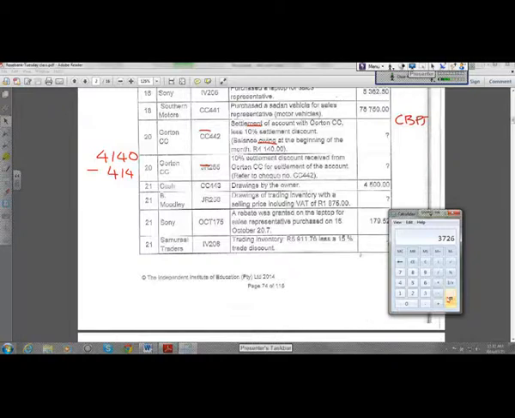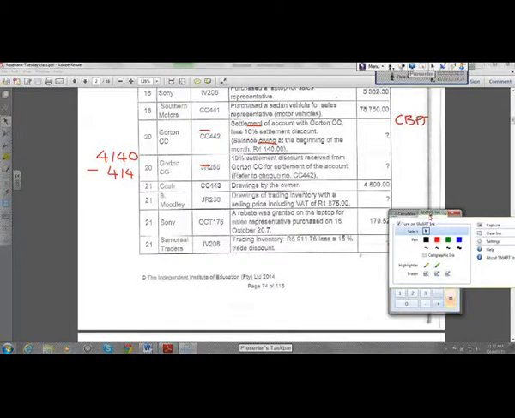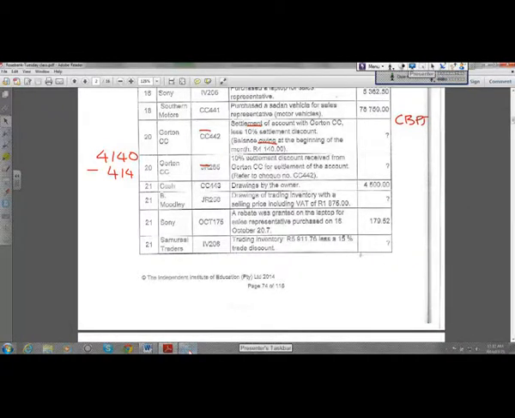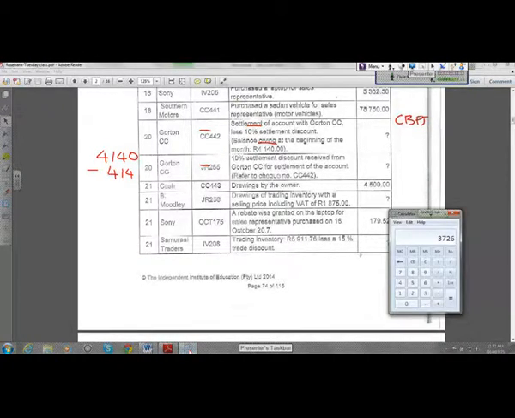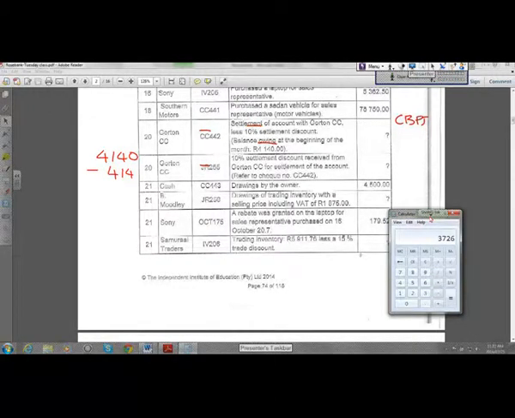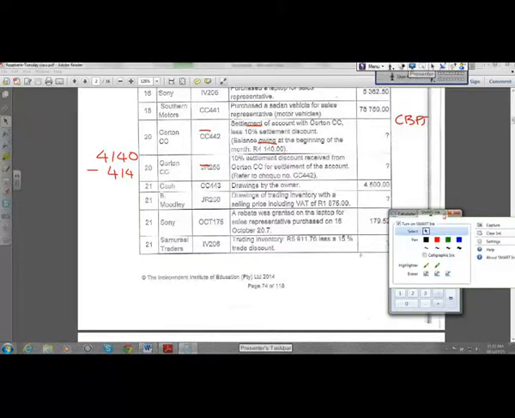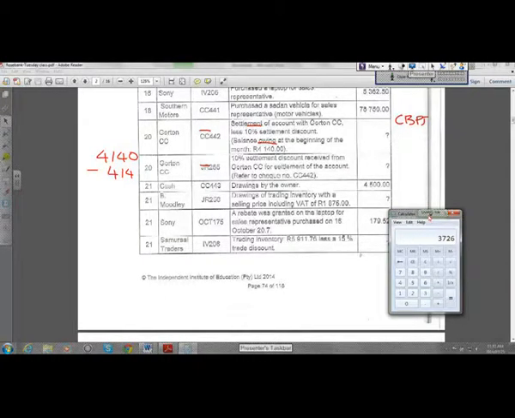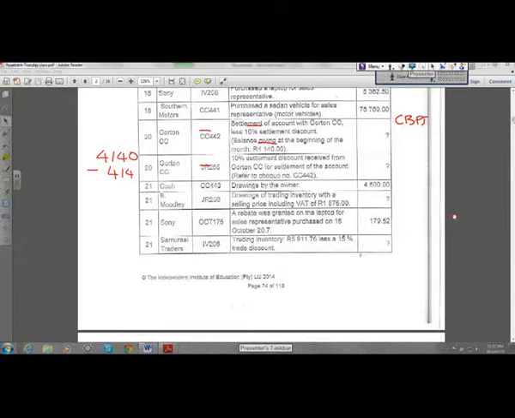Okay, let's just double check. 3726, correct. So we're going to have 3726 in here.